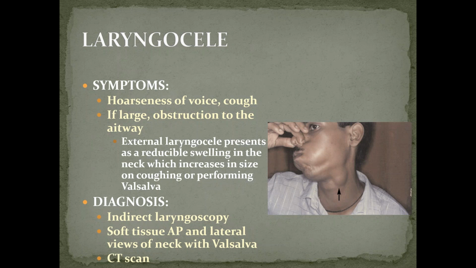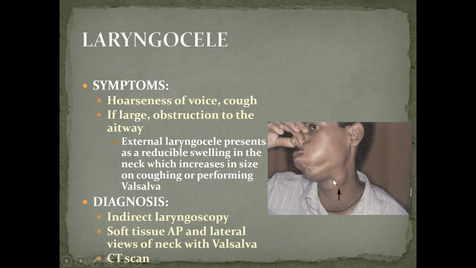Diagnosis is by indirect laryngoscopy, as well as X-ray neck lateral view for the soft tissues, or the CT scan, so that we can know the cystic lesion and also its extension. In this picture you can see the patient doing the Valsalva maneuver, increasing the glottic pressure by closing the nose and mouth and blowing, so there is increased pressure in the transglottic region.